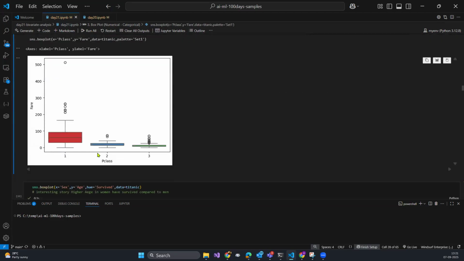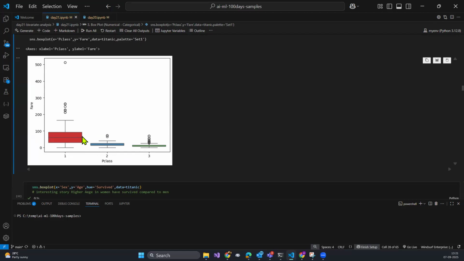So this is the class 1. So class 1 fair and class 2 fair and class 3 fair. So mostly class 1 fair lies somewhere around 40 to 90 or 80.